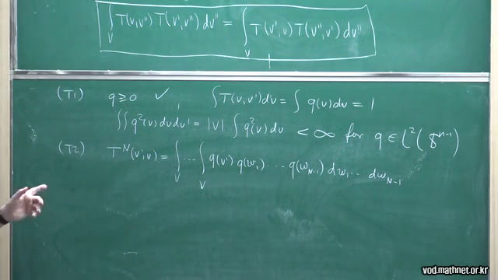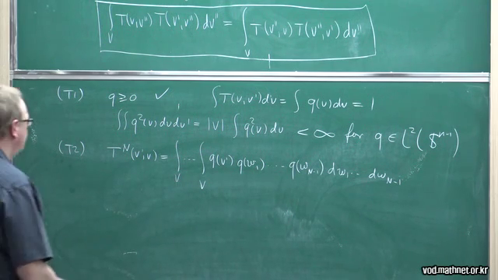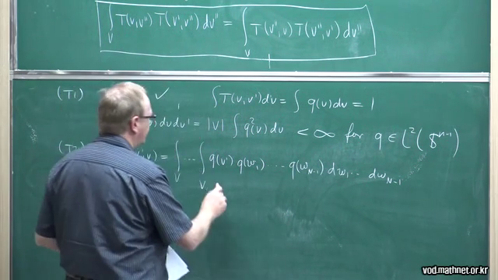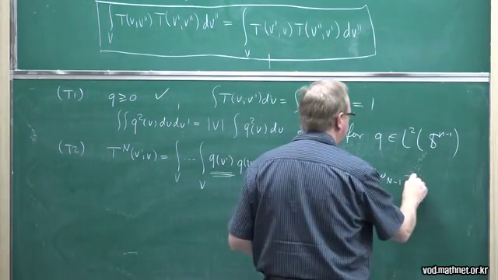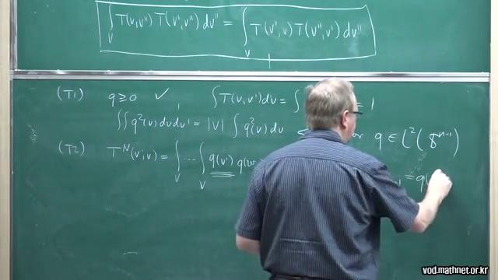Now the w integrations all integrate to 1. q only depends on one variable, so I can integrate them one after the other, and they all integrate to 1. The only thing I keep is this one, which is q(v').